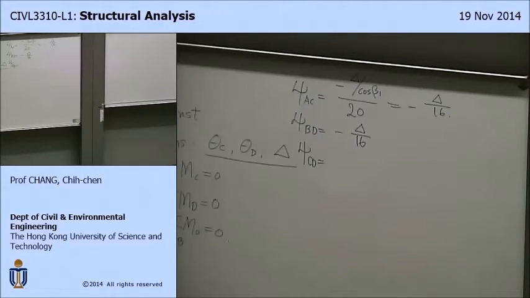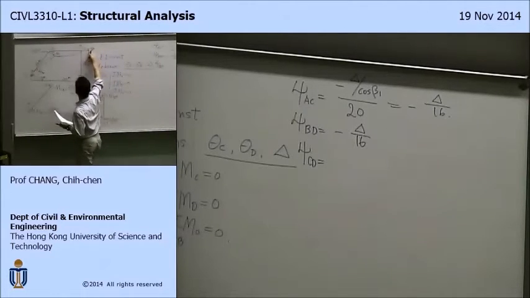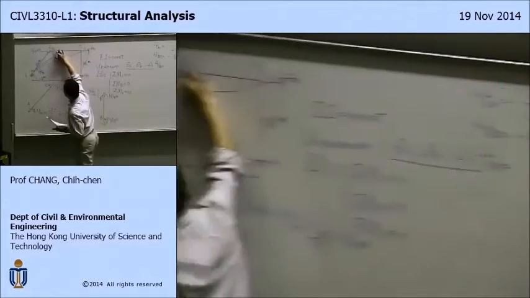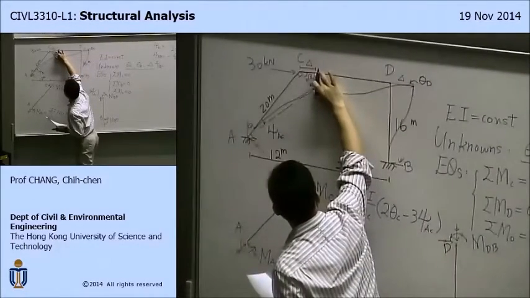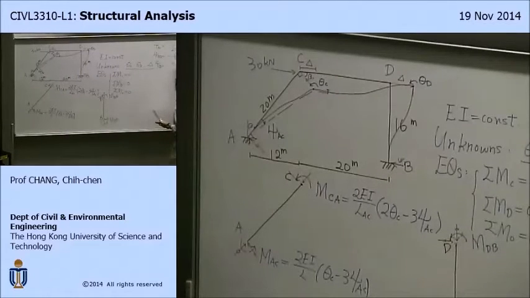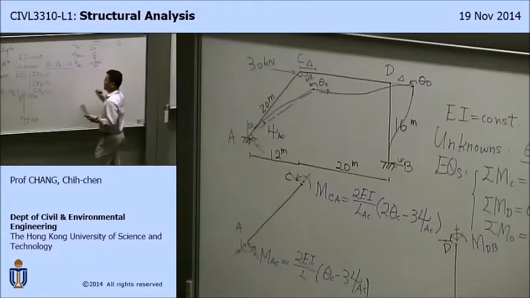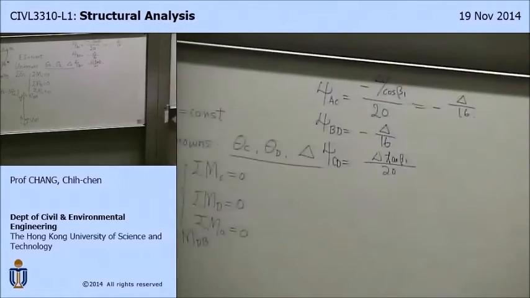So here, this is the rigid body rotation angle. So it's going to be this height divided by the length. So height is there. So it's delta tangent beta 1 over the length, 20. And it's counterclockwise, so it's positive.